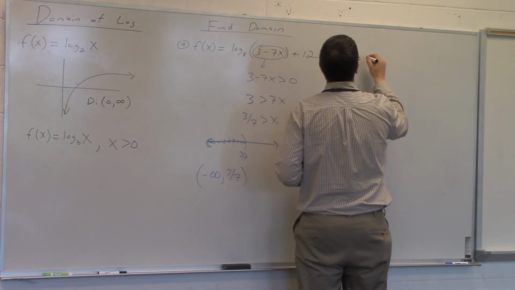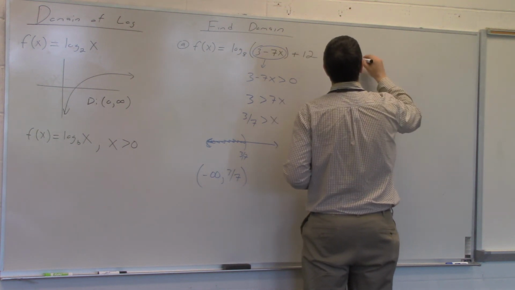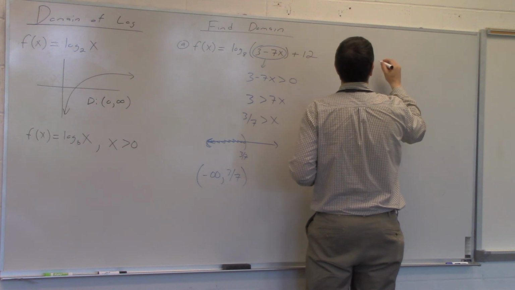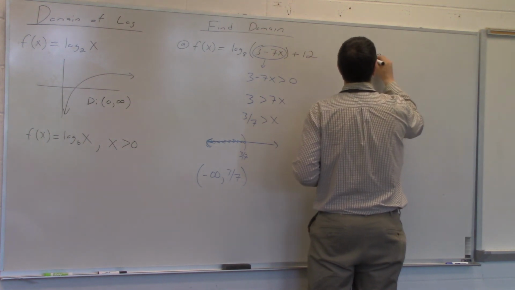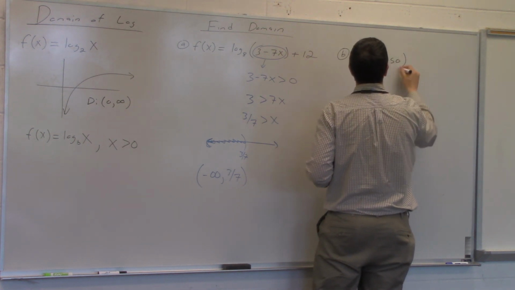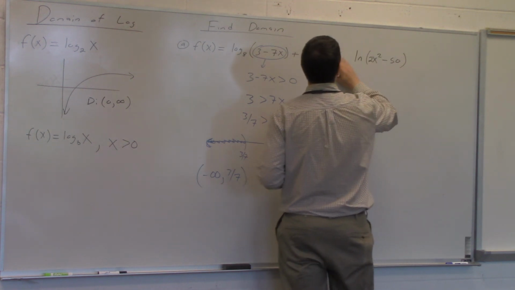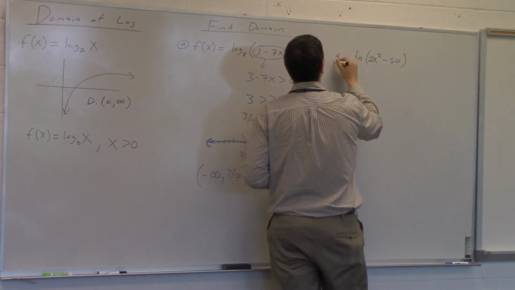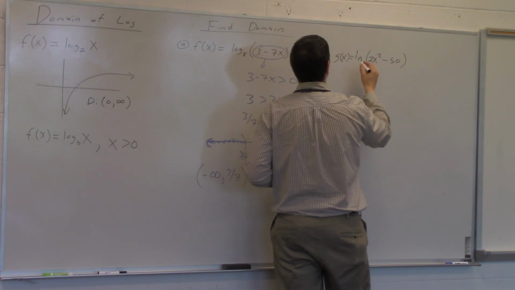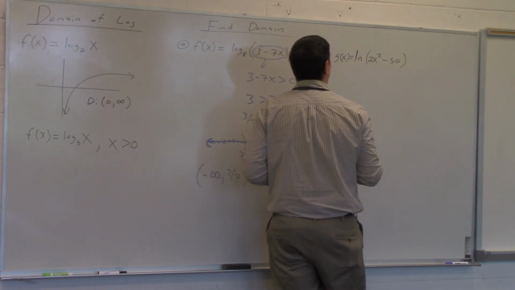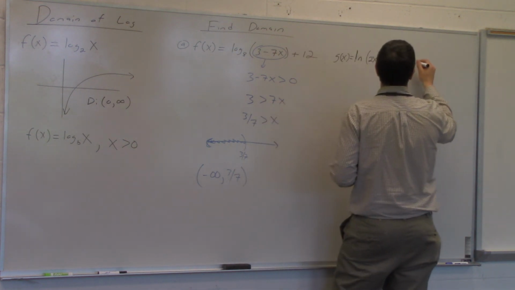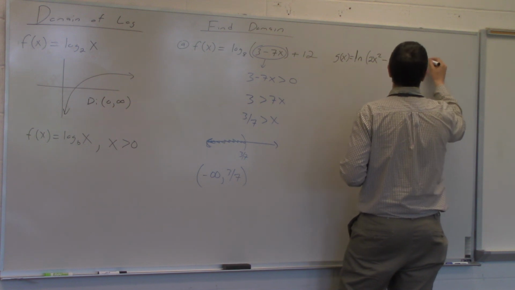Let's say I have the natural log, ln, of 2x squared minus 50. I should probably make that a function first, so let's call it g of x. g of x equals the natural log of the quantity 2x squared minus 50, plus 7.